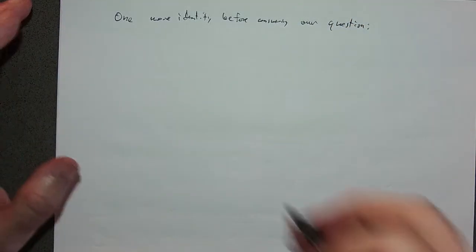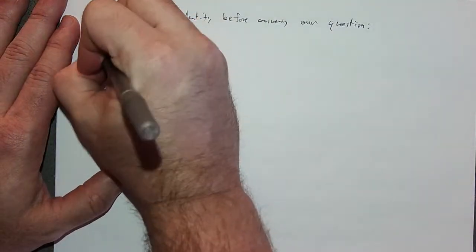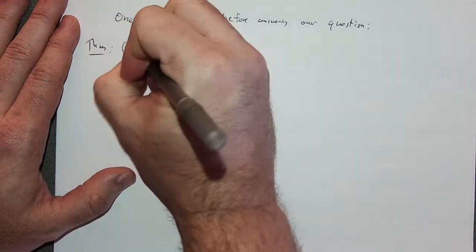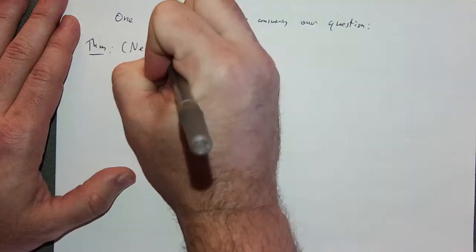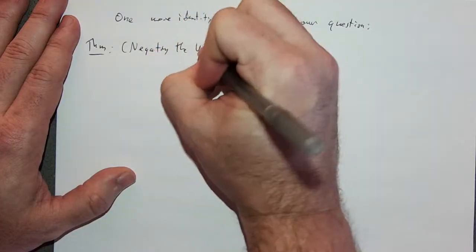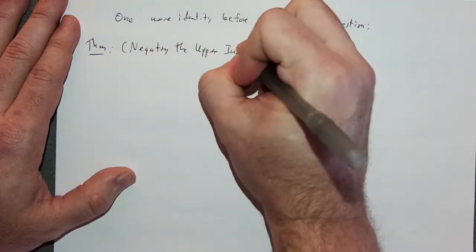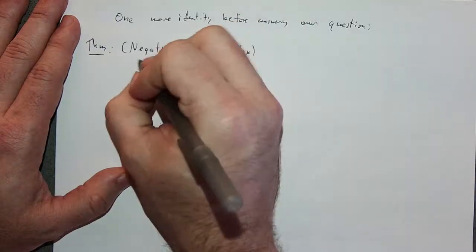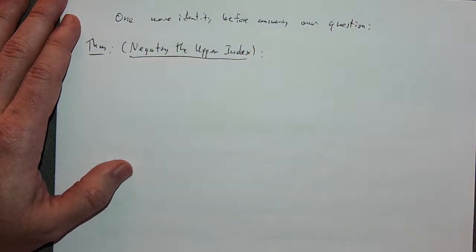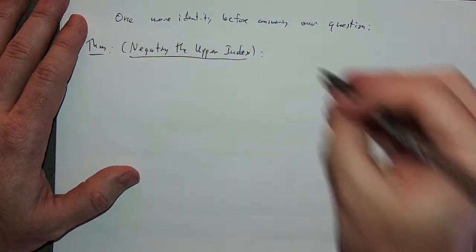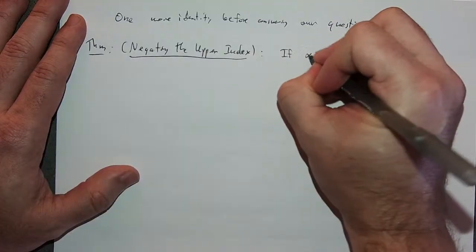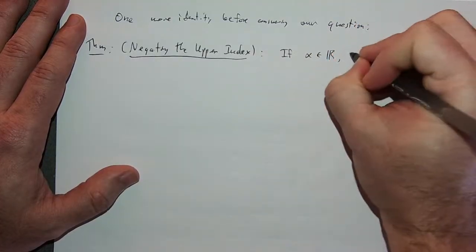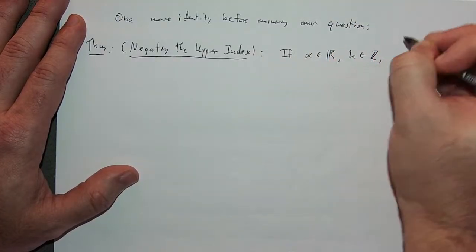This is known as negating the upper index. So, alpha is a real number and k is an integer.